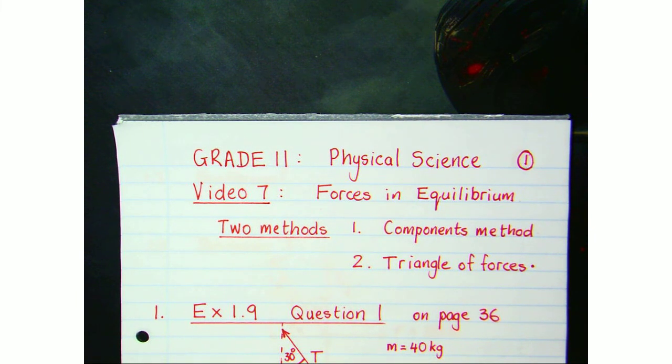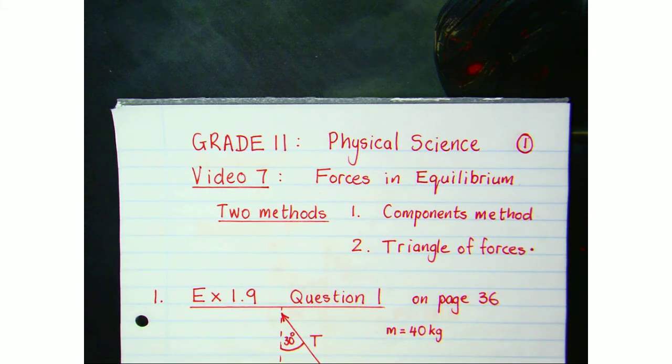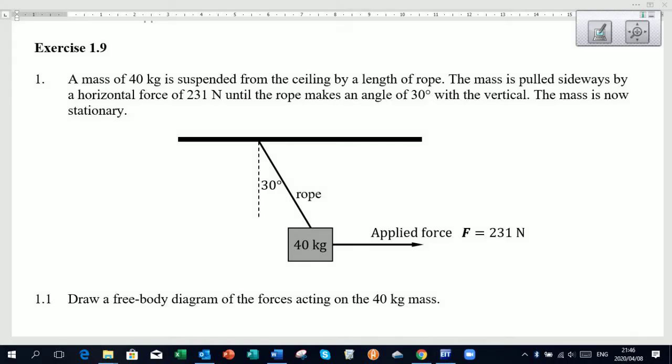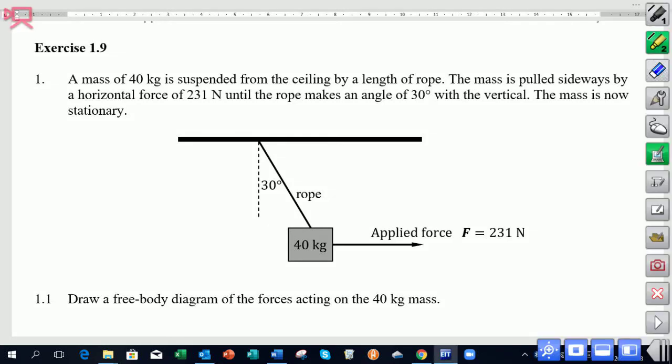So the first question I want to look at is on page 36 of your notes. It's question 1 and it's exercise 1.9, and we're looking at this 40 kg mass over here that is being held in position. It's not moving, so it's at rest, and there's an applied force here to the right, a horizontal force of 231 newtons. There's a rope attaching that mass to the ceiling, and there must be a gravitational force acting on this mass.